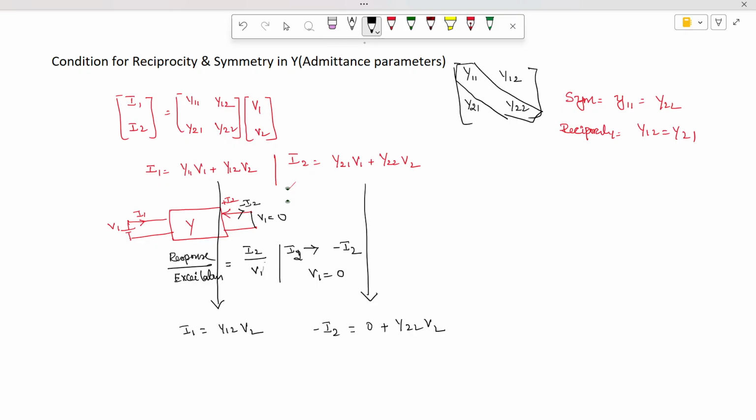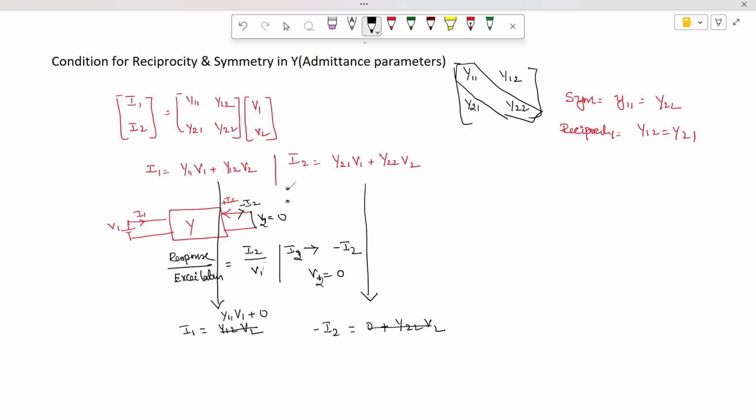So here we are going to get this, sorry, this is v2 is 0. Whenever v2 is 0, this output port is shorted. So automatically I1 is equal to y11 v1 plus 0. Here it is minus I2, and here we are having v2 is 0.